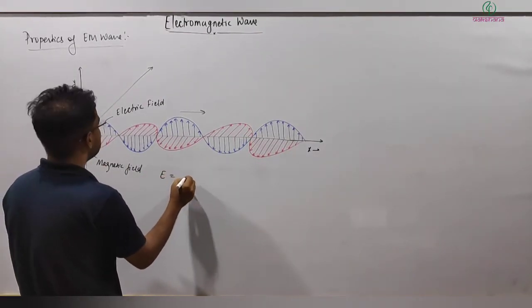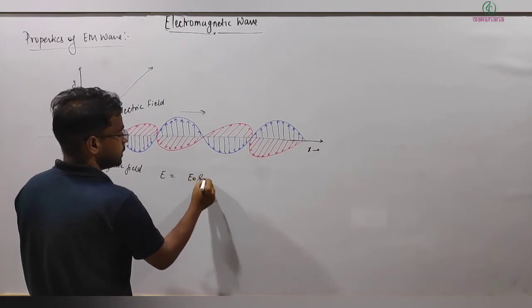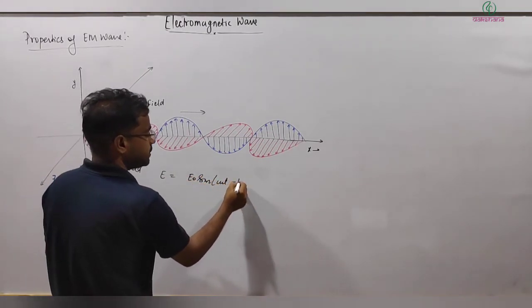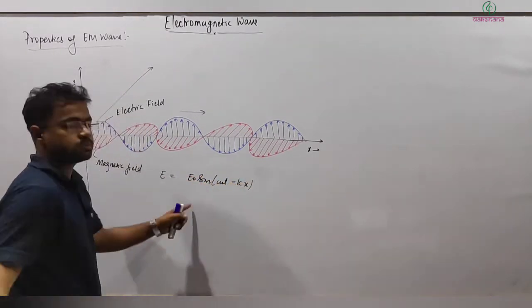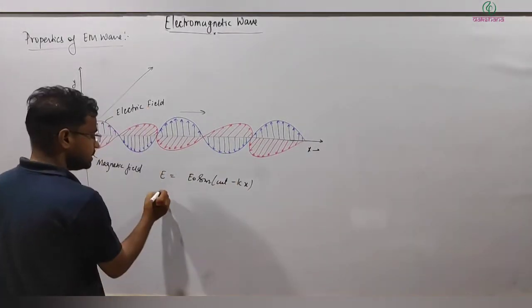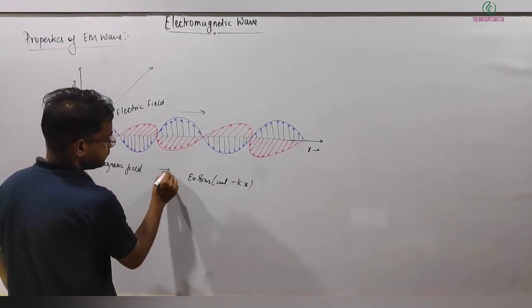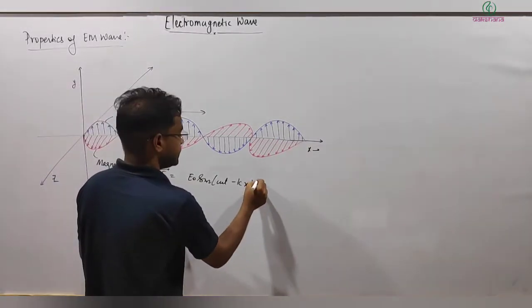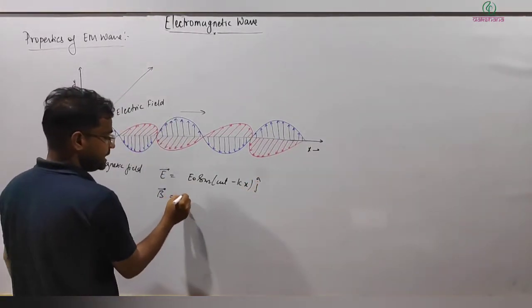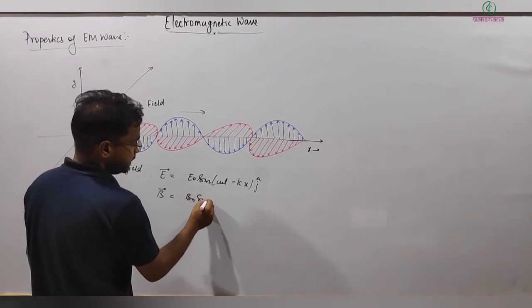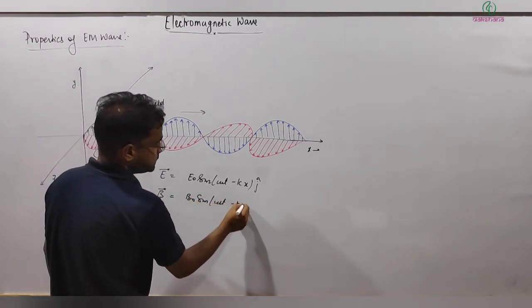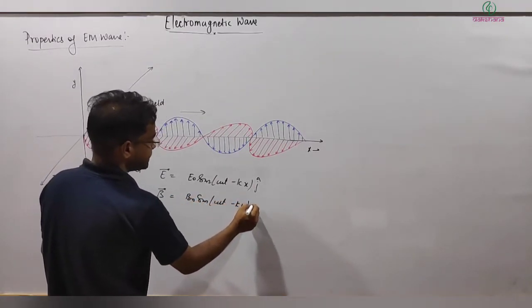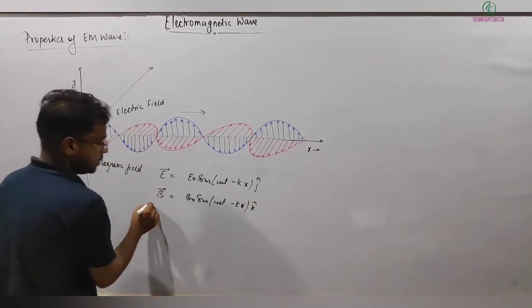So E is equal to E naught sine of omega t minus kx if it is propagating in the x direction, with the electric field along j cap. Similarly, B is equal to B naught sine of omega t minus kx, and this is along k cap, right?